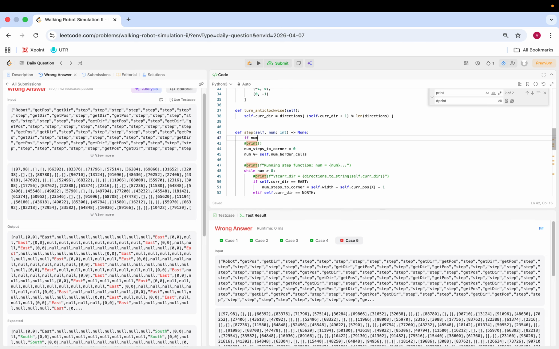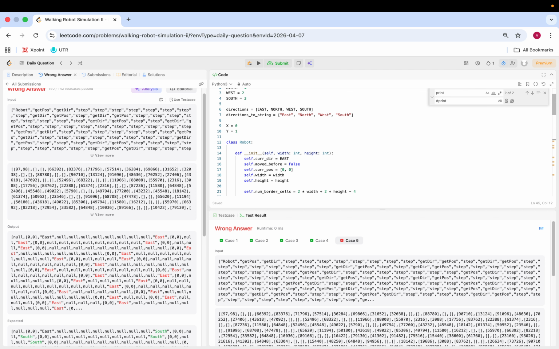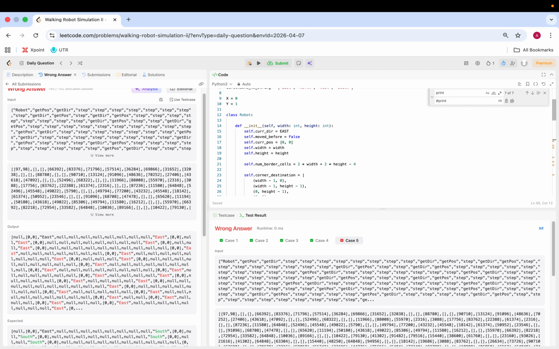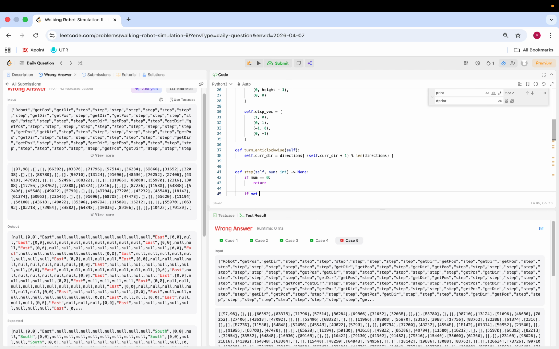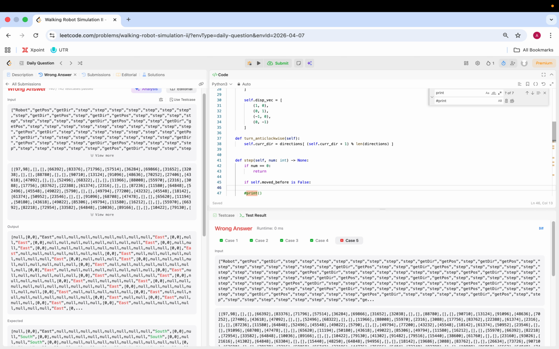If num is equal to 0, then return. If self dot moved before is false, then self dot moved before equals true.